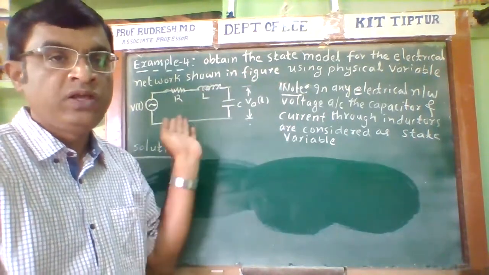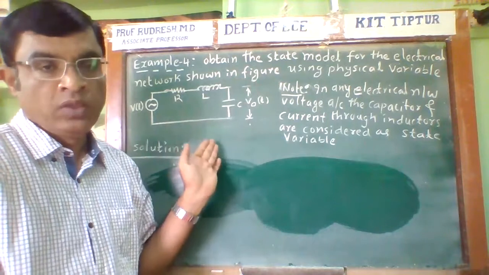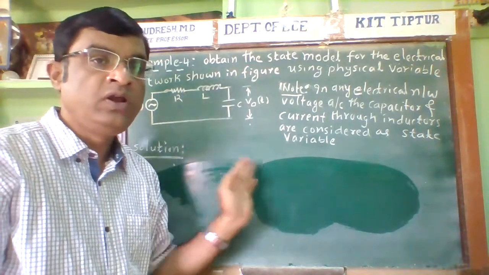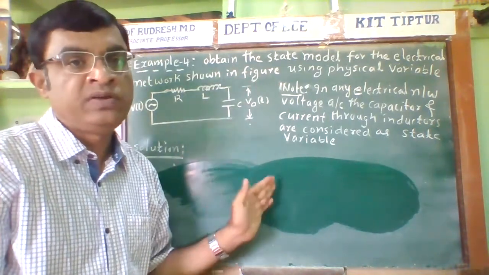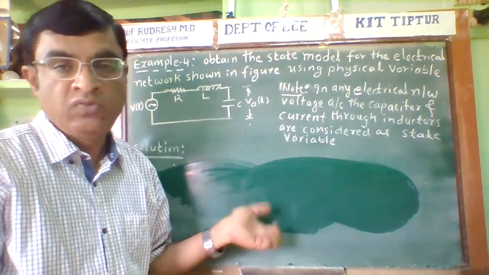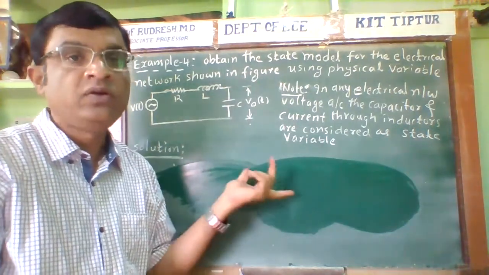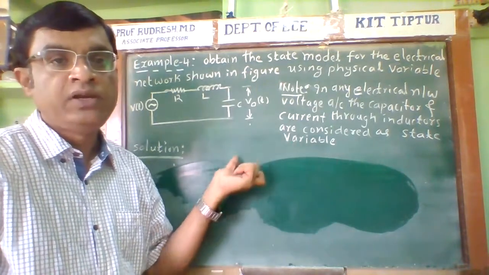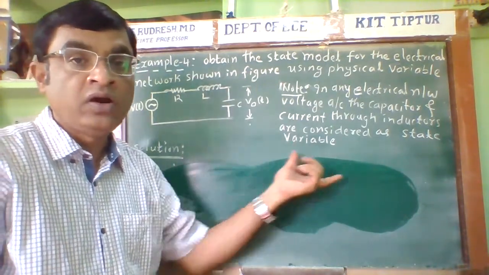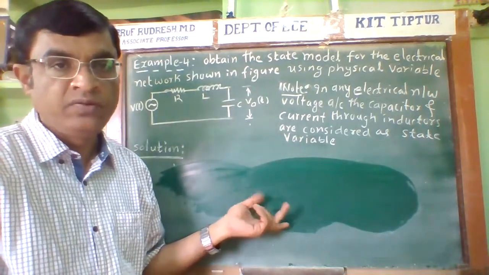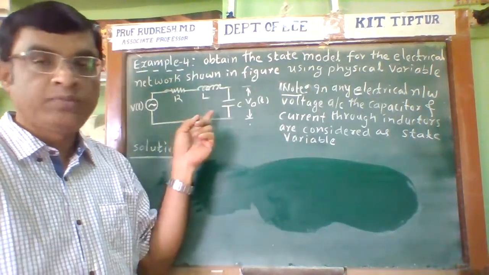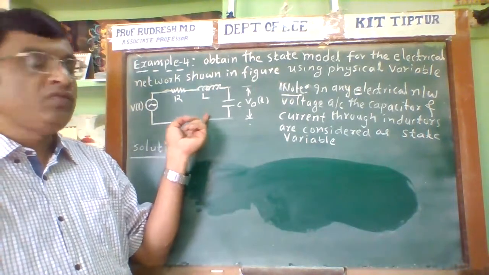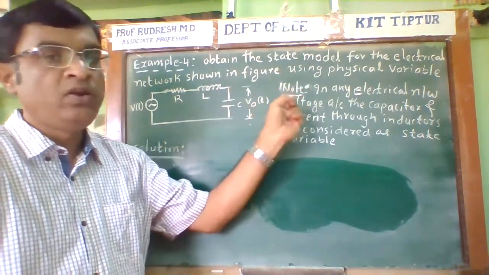While developing the state equation and output equation for an electrical network, we need to choose the state variables. In the previous case, when differential equations were given, the number of state variables was equal to the order of the differential equation. But here, how do we choose the state variables?